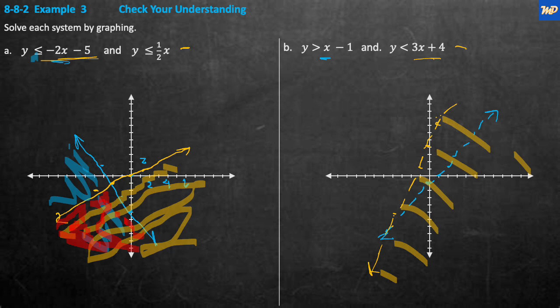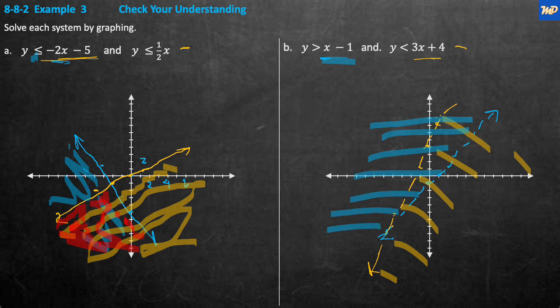Line not included, dashed line. And for the blue line, y is greater than the line itself, but not including the line. So the blue line, it's everything above the blue line.